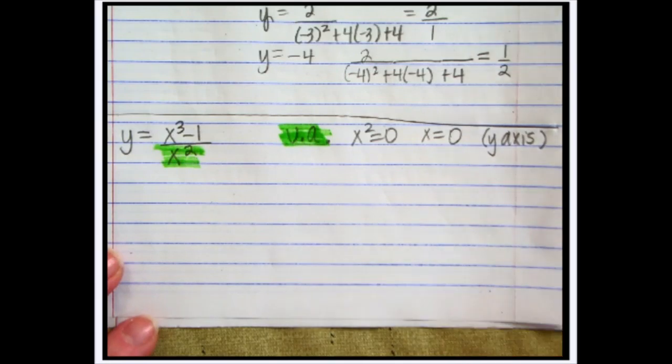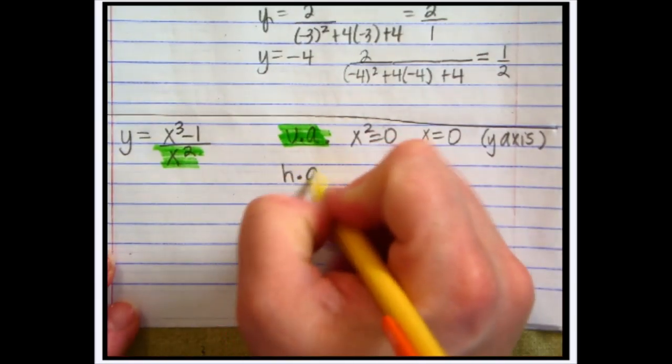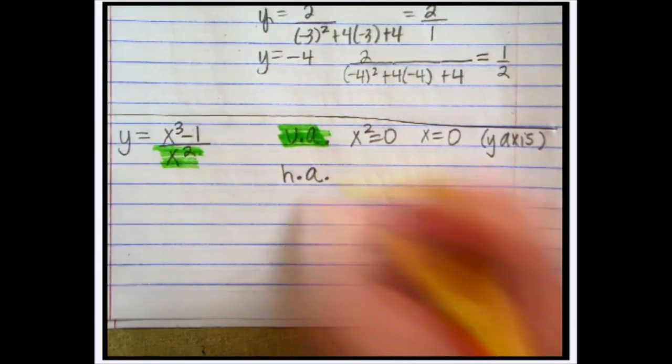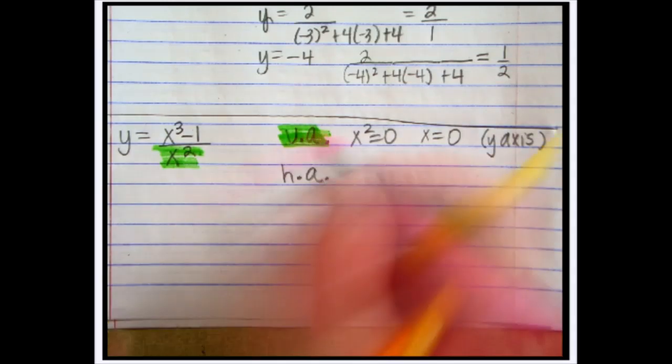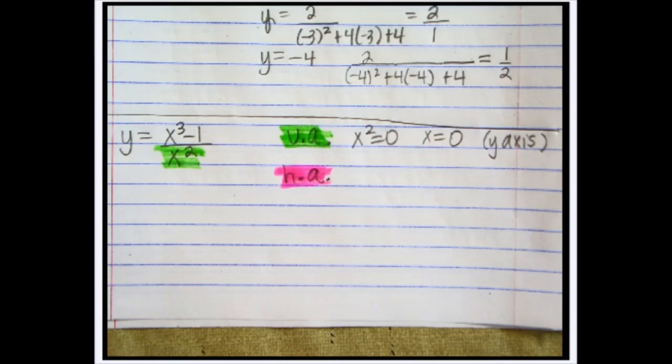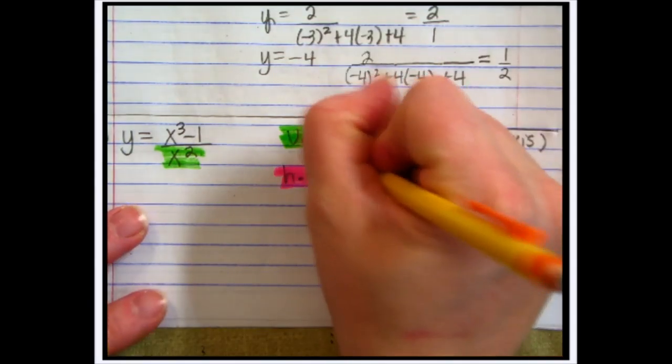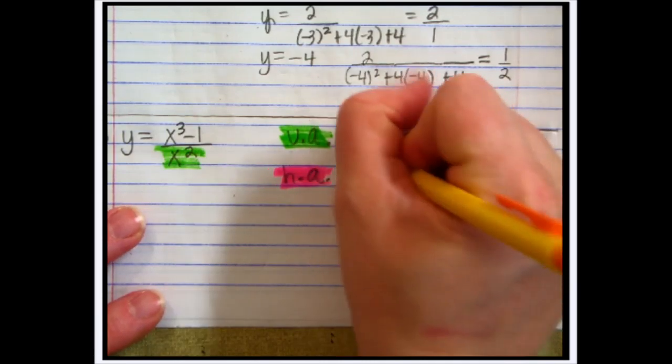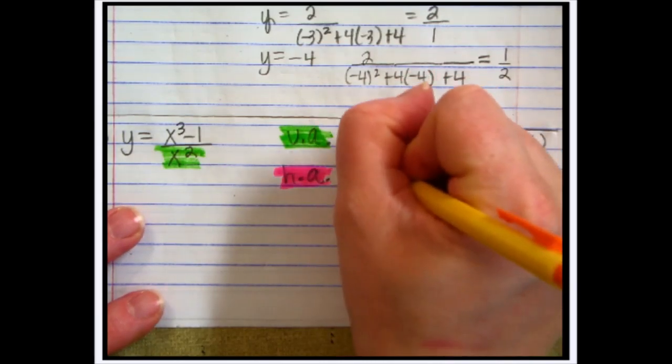Okay, and let's go see if we have a horizontal asymptote, and if so, what it is. Horizontal asymptote totally depends on the degrees and how fast our top and bottom are getting bigger. In this case, our top degree is 3, and our bottom degree is 2.